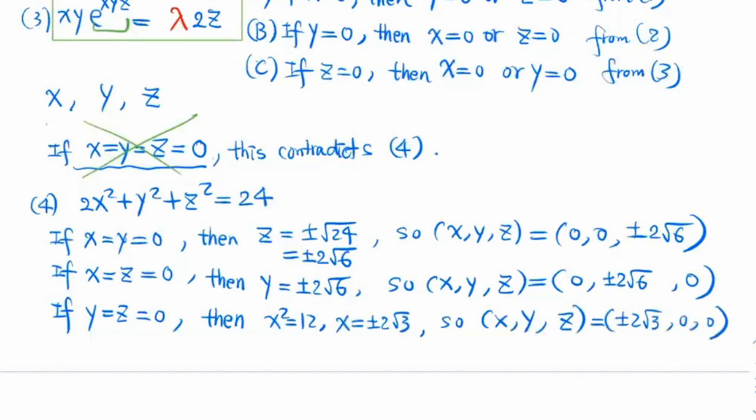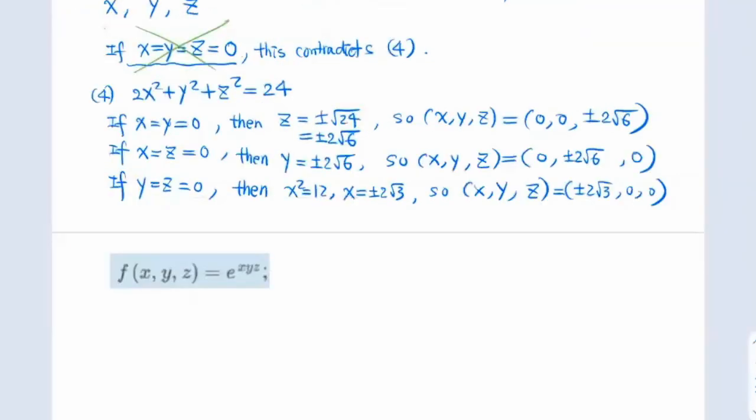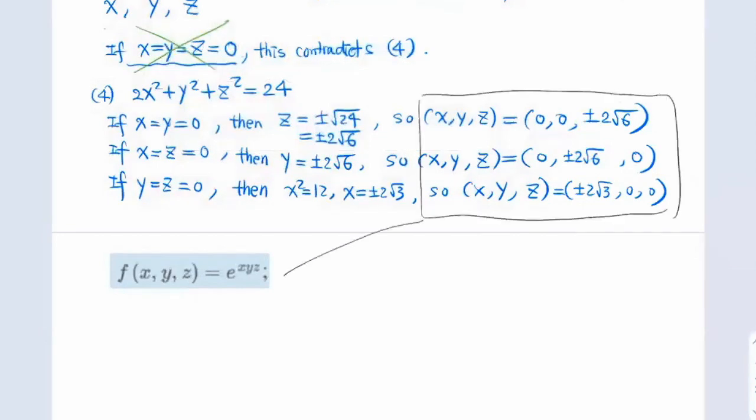So if you substitute all of those xyz into the function, what function value are you going to get? It'll be e to the 0, which is equal to 1.